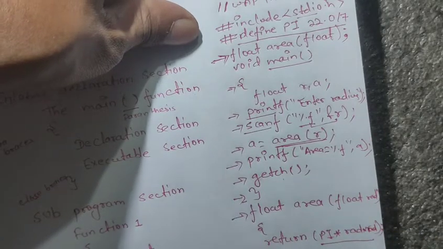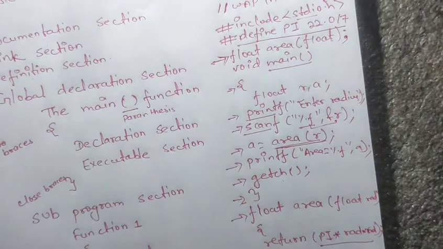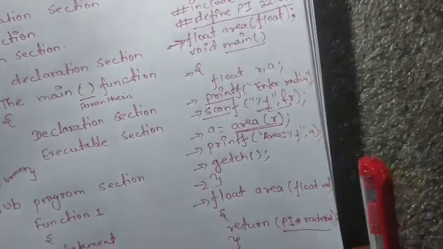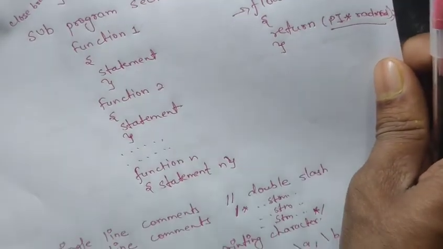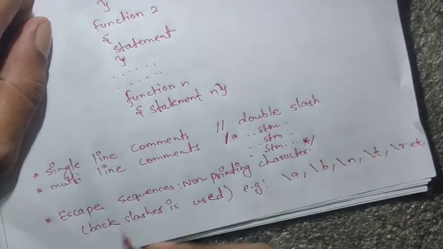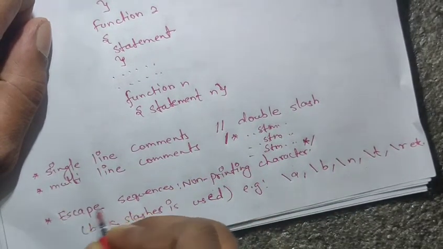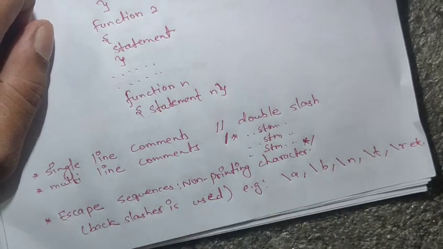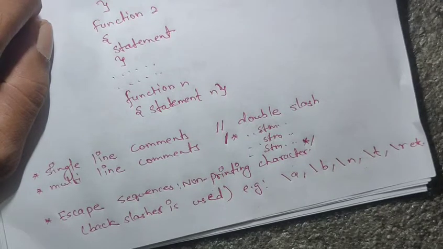Okay, so this was a simple and basic structure of C programming, as you saw. So let's talk about some extra tips in C programming, like escape sequences. What are escape sequences in C programming? They are non-printing characters which are used to do some specific task.